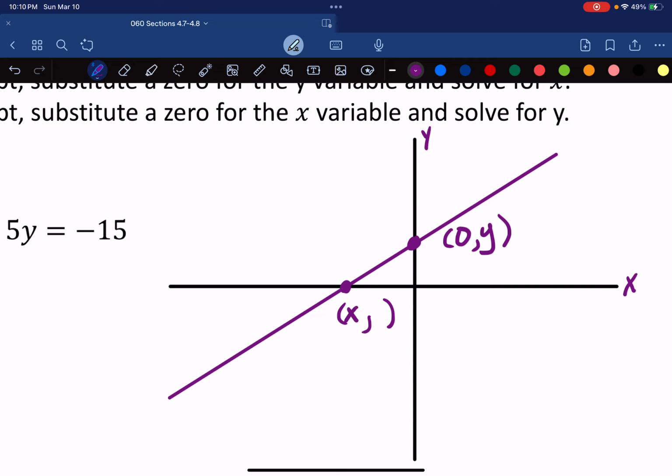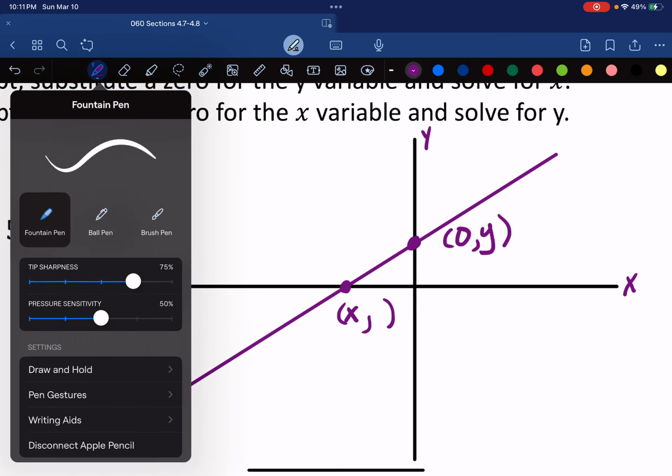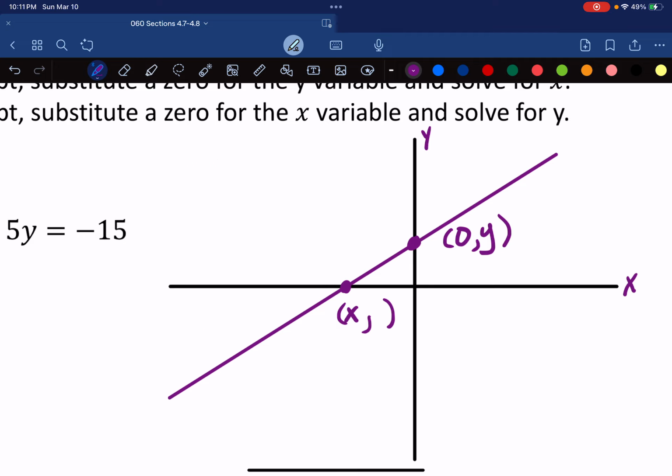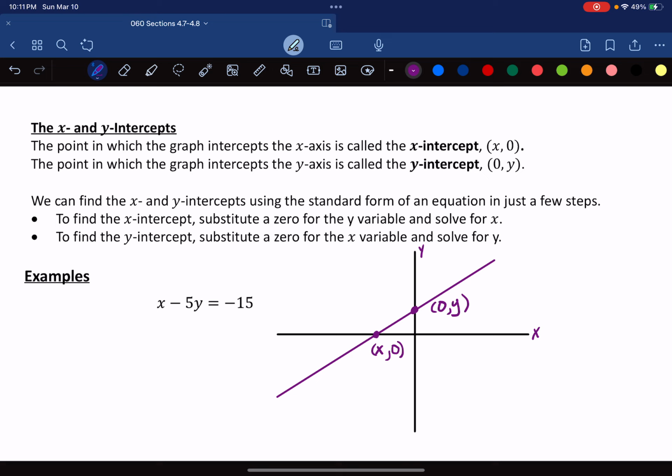And then from there, we can move up or down to get to the y, which we actually don't need to move. We're already there. So it's just going to be 0. And that is why we have these general forms of x, 0 for our x-intercept, and 0, y for our y-intercept.